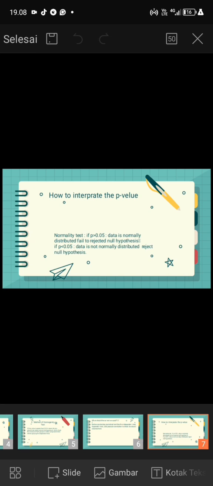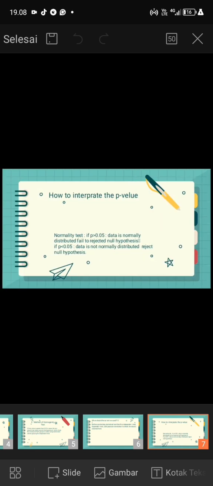For a normality test, if the p-value is more than 0.05, the data is normally distributed, so we fail to reject the null hypothesis. But if the p-value is less than 0.05, the data is not normally distributed, so we reject the null hypothesis.